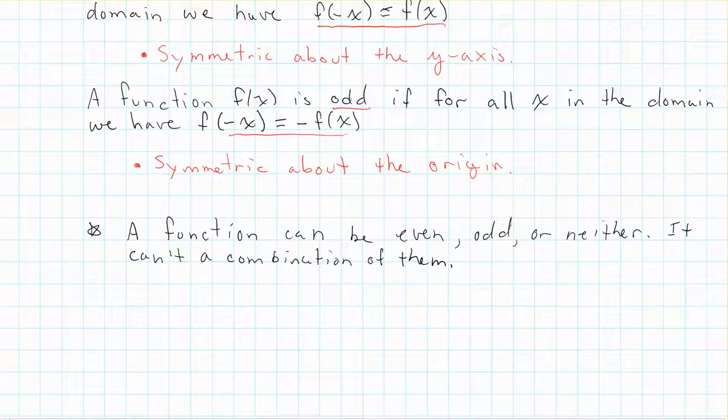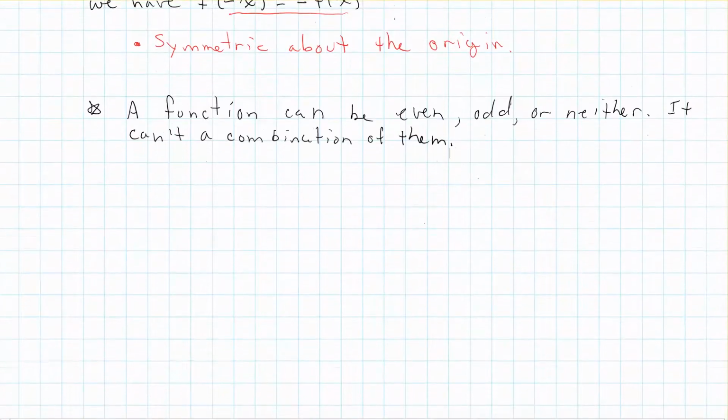You can't have a function that's both even or neither, because neither means it's neither even nor odd. So you have to have just even or odd, or neither. We will see real quickly how the names even and odd came about by looking at some examples. But we have to be careful because some people use this as an unfortunate way to determine if something is even or odd. They try to use it as a quick way and you can run yourself into trouble.